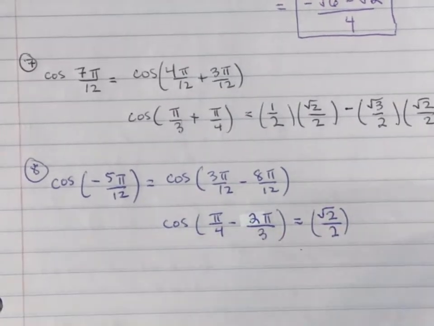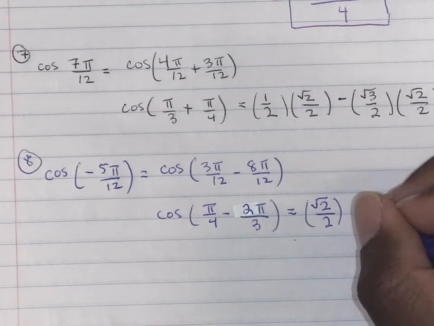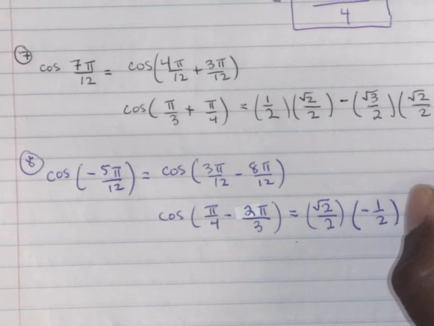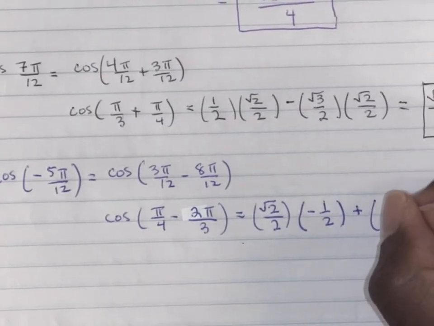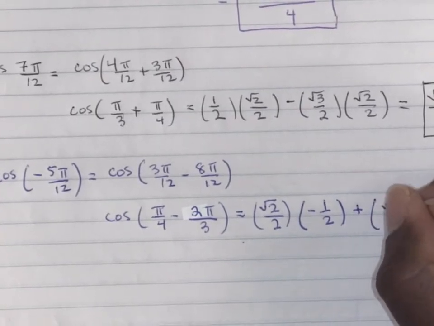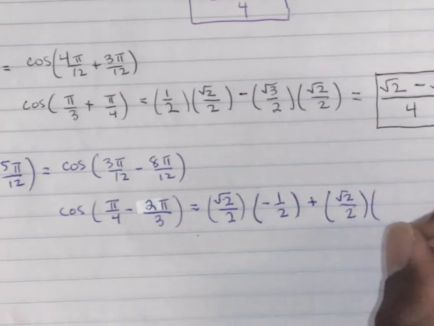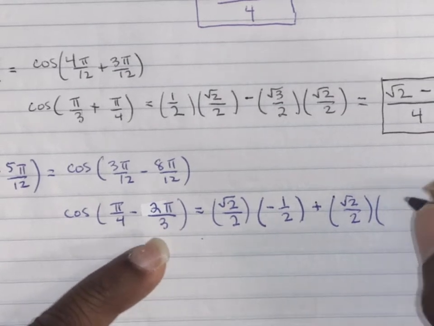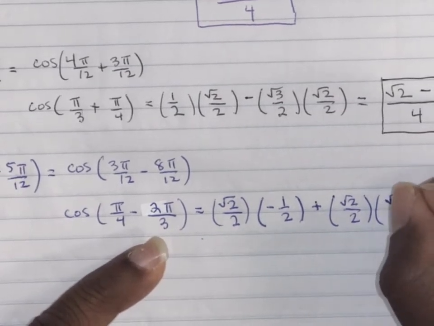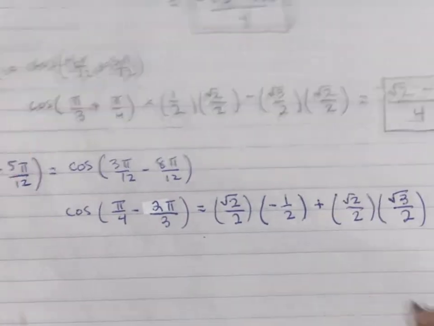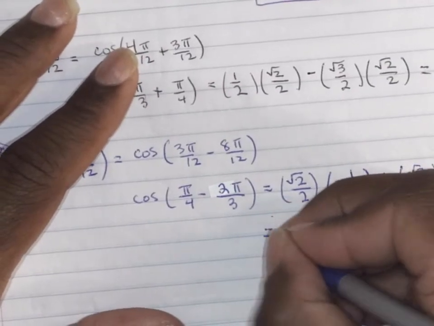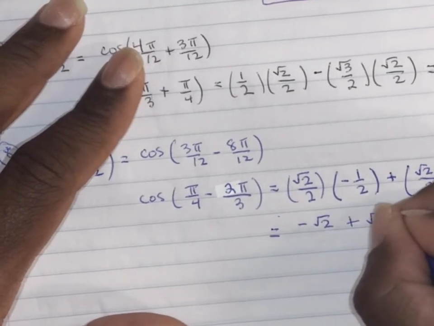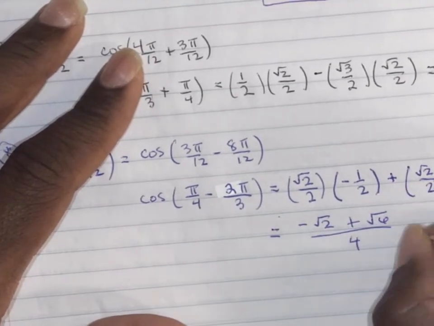Cosine of negative 2 pi over 3, that's a 60, so cosine should be negative 1/2, plus sine of pi over 4, and then sine of 2 pi over 3 should be root 3 over 2, and it should be positive. This comes out to equal negative root 2 plus root 6 over 4.